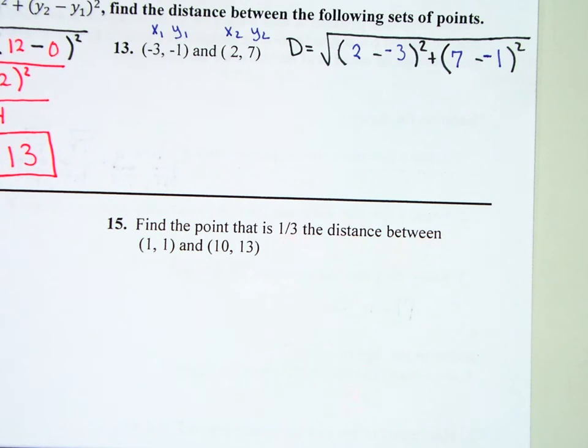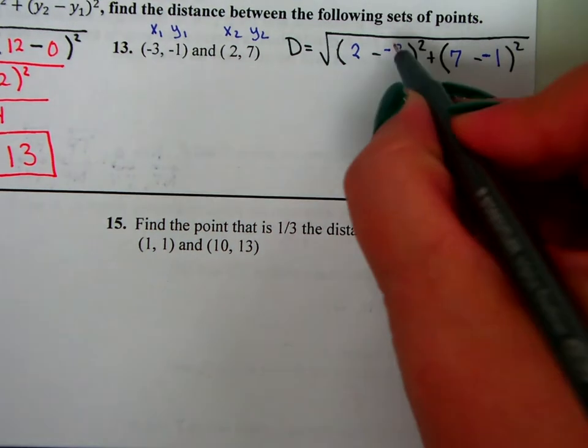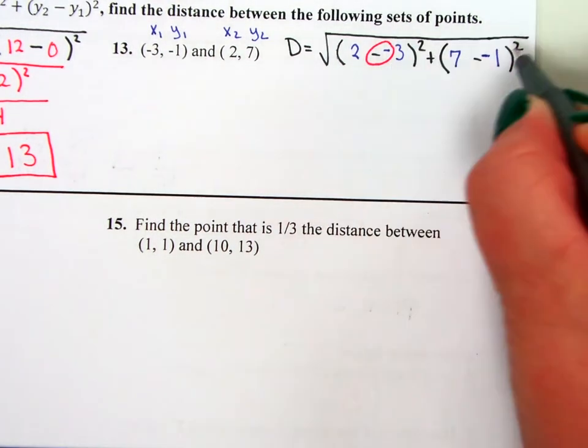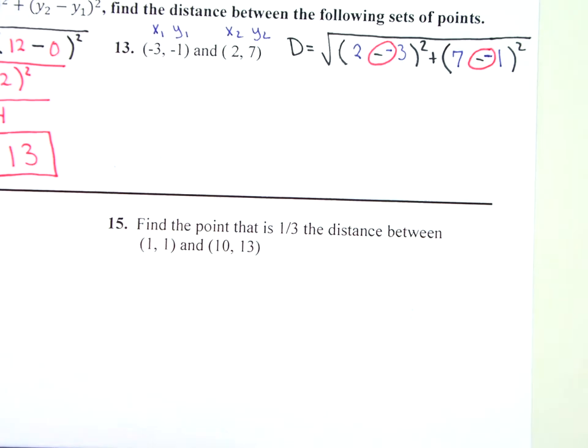The reason it's good to do the formula and then fill it in later is because that's going to help you catch when you need to take care of your double negatives, right? And you really are going to be adding here, not subtracting.